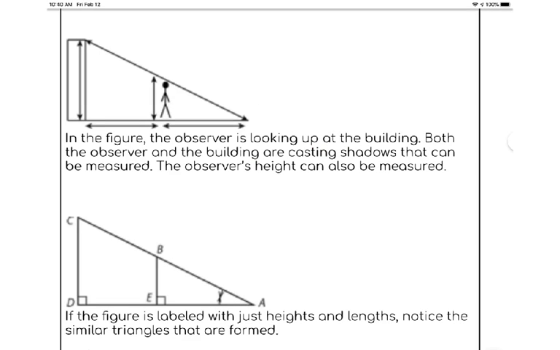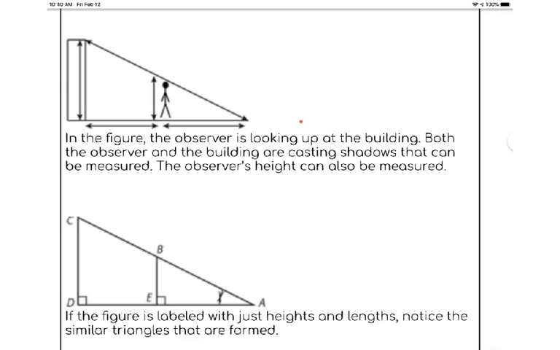So let's look at a little bit of context here. In this figure, we see that the observer is looking up at a building, and both the observer and the building are casting shadows. So the observer here and the building, those are corresponding sides to these triangles, okay? Those are what are proportional to one another. The shadows that are cast can be measured, and the observer's height can also be measured.